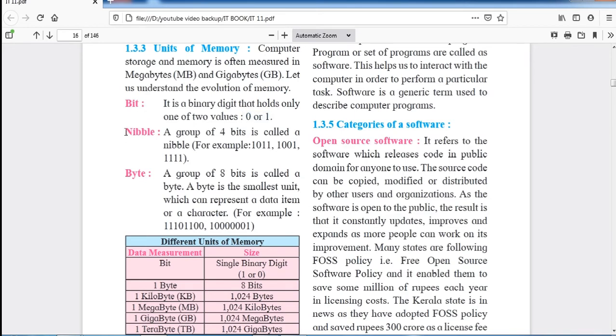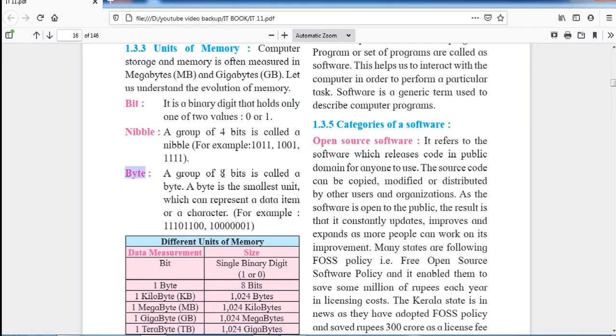What is a nibble? A group of bits: if we combine 4 bits, any combination of zeros and ones of 4 bits is known as a nibble. What is a byte? A byte is a group of 8 bits, meaning 2 nibbles.